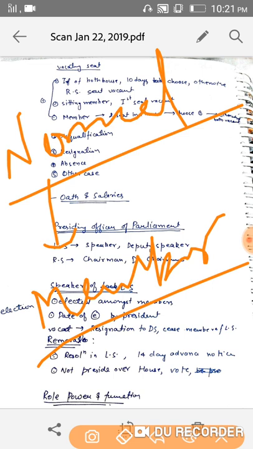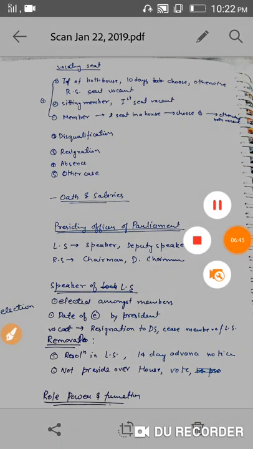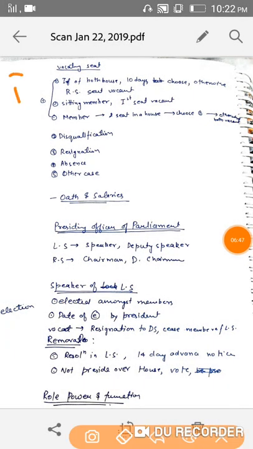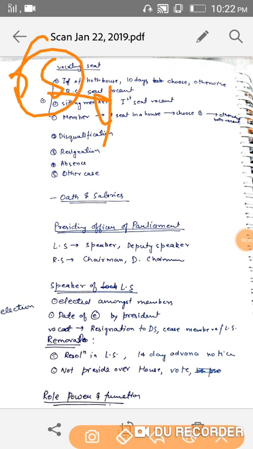Now we look at some of the conventions which have developed over a period of time. But before that, it is to be noted that the Deputy Speaker's salary is also regular and is charged on the Consolidated Fund of India.